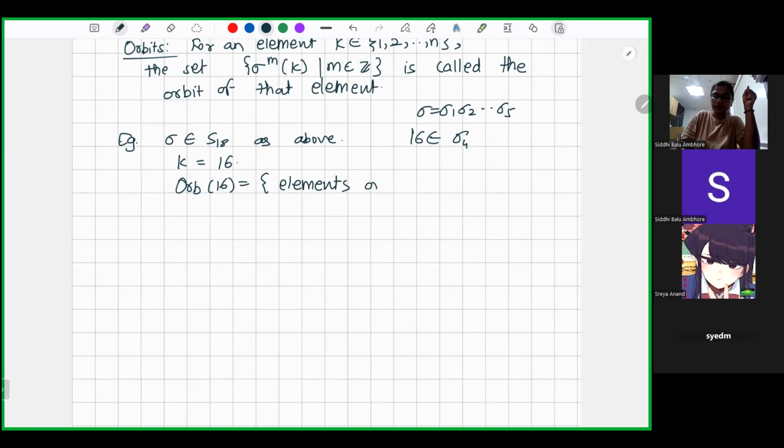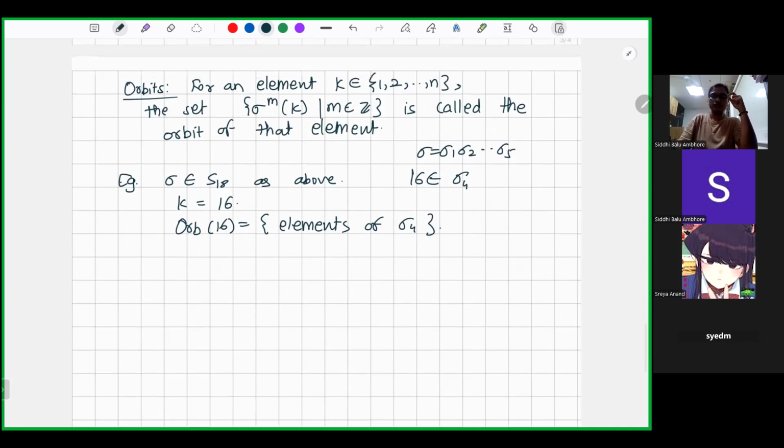That's what I'm trying to say. It can't take an image anything other than elements from this cycle, sigma 4. If there are any doubts, please let me know.